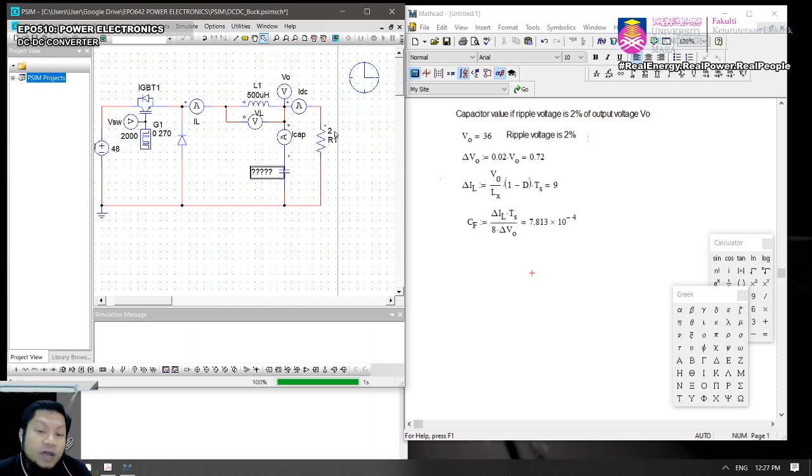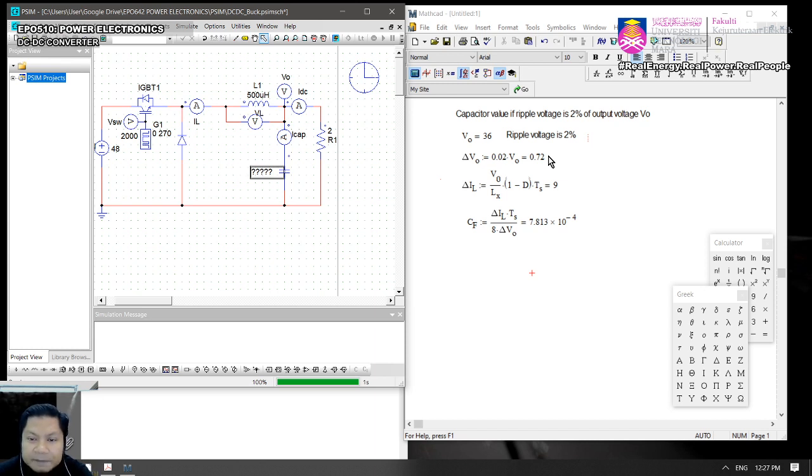So we know that the average output voltage is 36, right? And we are given that you must limit that 2%. So therefore delta V naught equals 0.02 times V out 36, and that gives me 0.72 volt, which means if you measure later on, the peak to peak of the output voltage is only limited to 0.72 volt.